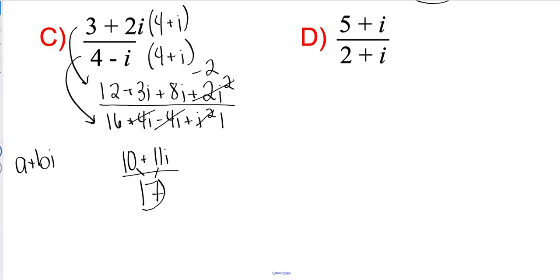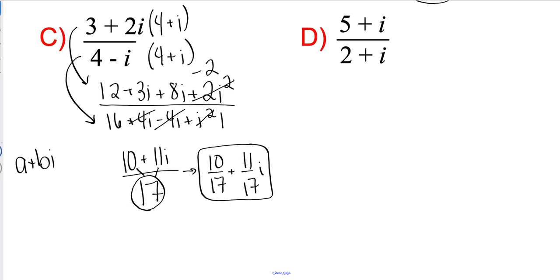This is a common denominator on the bottom. So I split it to look like this. 10 over 17, that's the first fraction, plus 11 over 17 i. And you can put the i up with the 11. That's fine. I like to put it out to the side like that, okay? So we got to write these like that. If there's a number in the denominator, you have to split it to look like that.